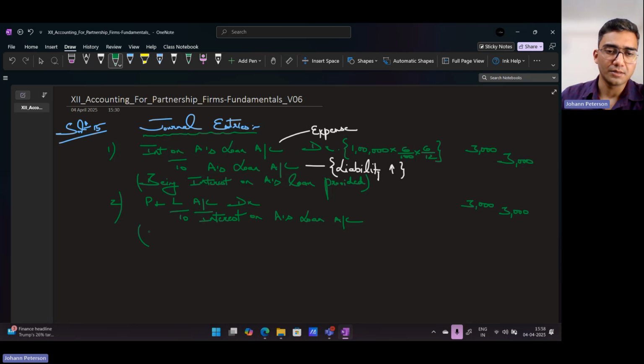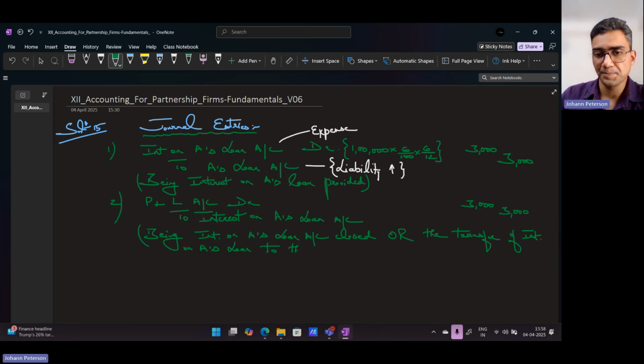When the year ends, being interest on A's loan account closed. Or we can say, or the transfer of interest on A's loan to the P&L account.